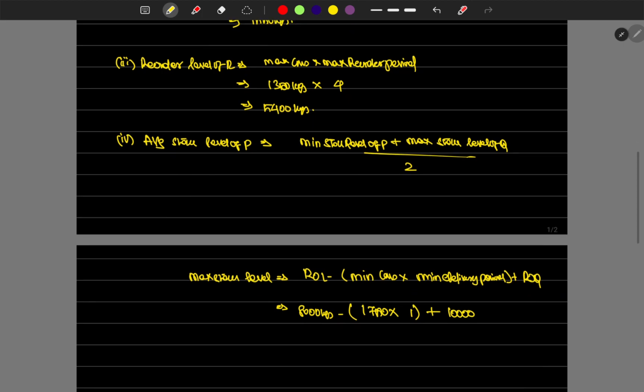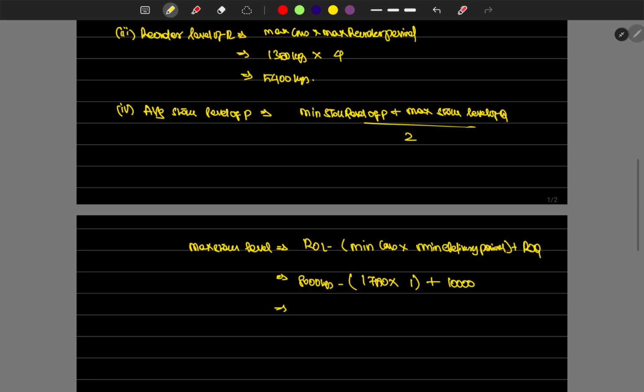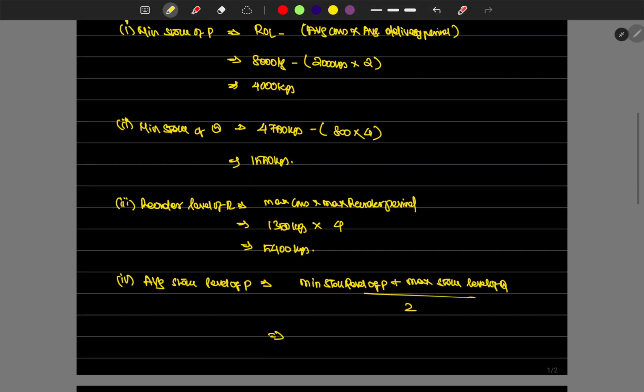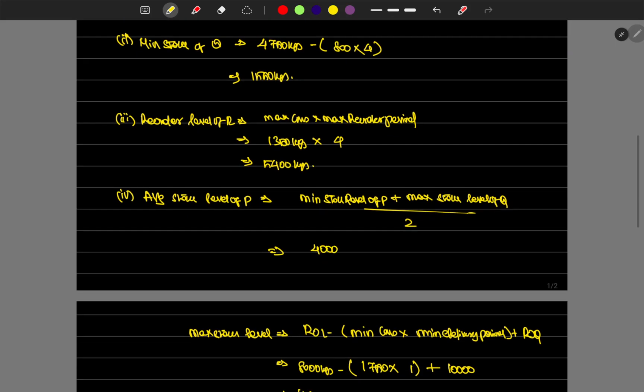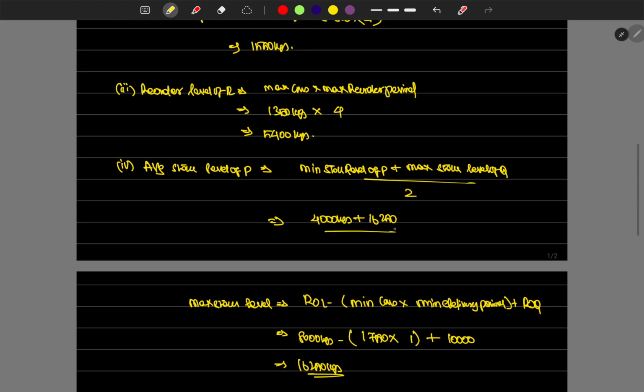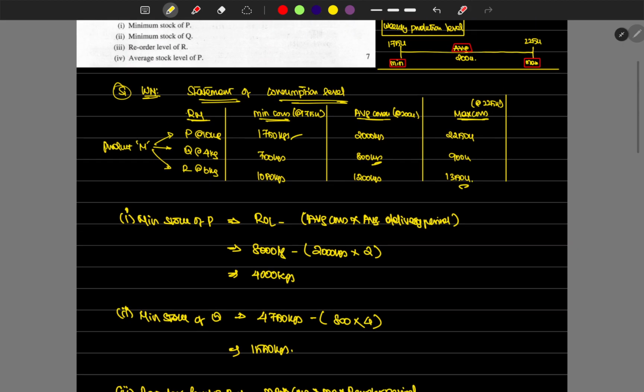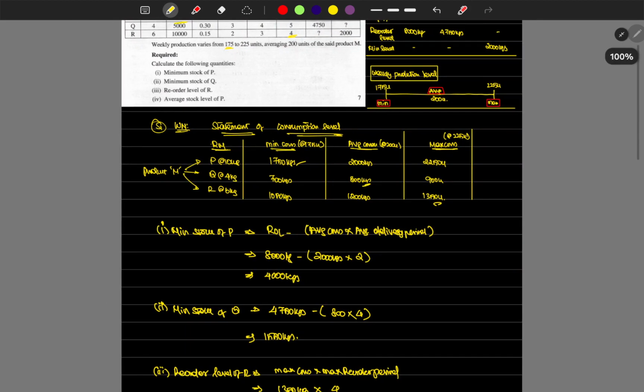If we calculate this, 8,000 minus 1,750 plus 10,000 gives 16,250 kgs, the maximum stock level. So the average stock level of P is 4,000 kgs plus 16,250 kgs divided by 2, which is 10,125 kgs.